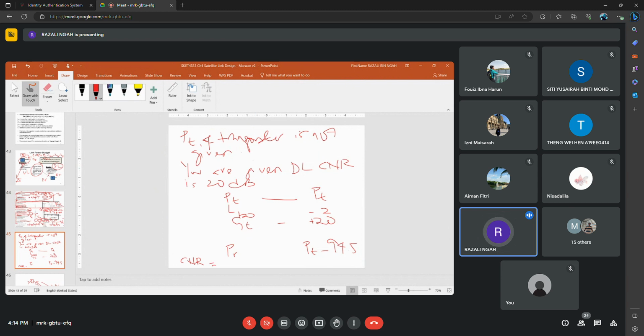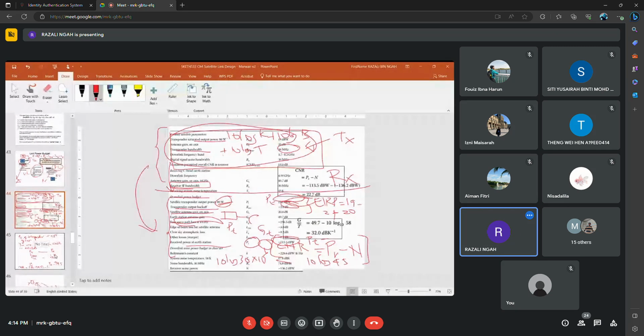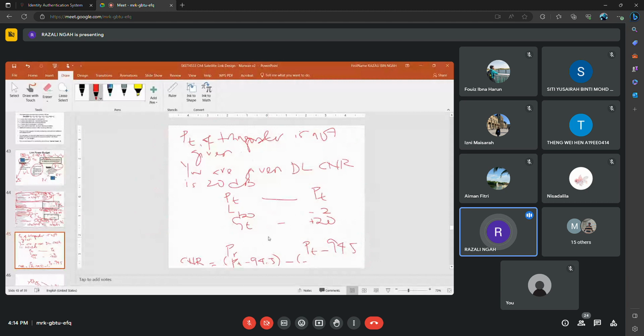So CNR is equal to PR, which is PT minus 94.5, minus noise power, which is 136.2, and that is equal to the given value here, 20.